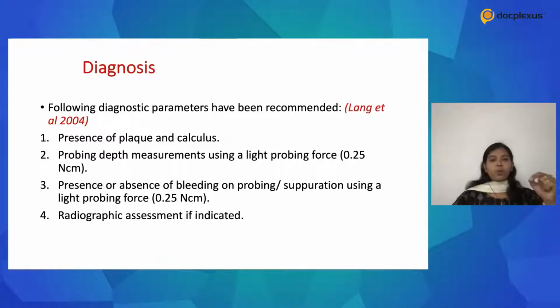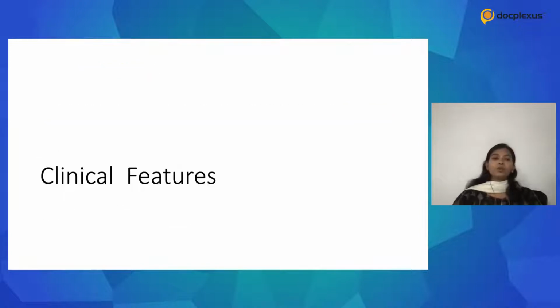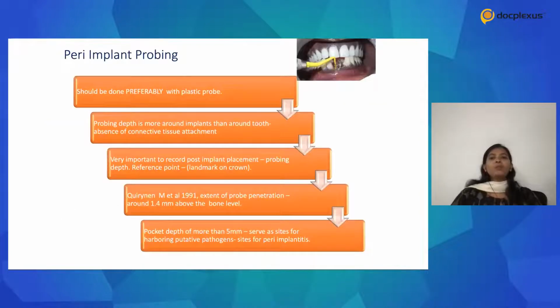When you probe with your plastic probe, ideally there should be an absence of bleeding on probing. However, if there is bleeding on probing, it shows there may be mucositis or peri-implantitis occurring. Next important assessment is your radiographic assessment to check for any bone loss. So how will a peri-implant disease look?